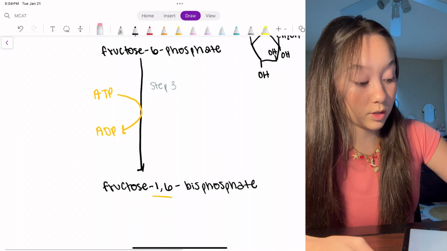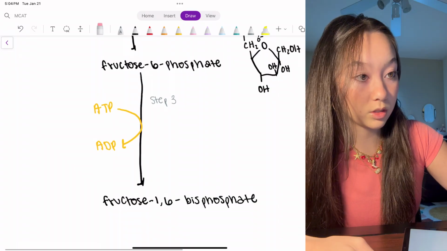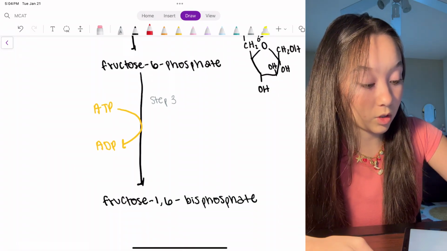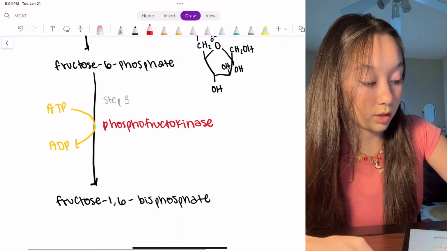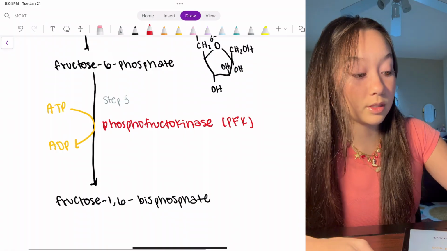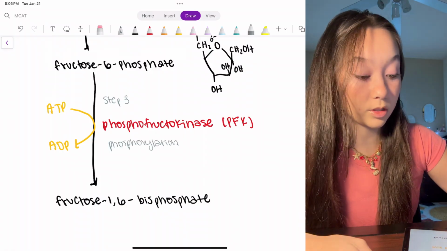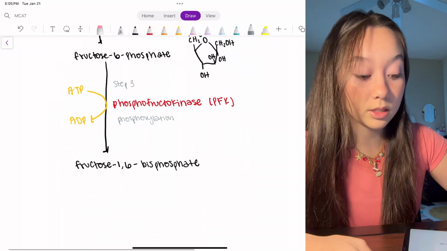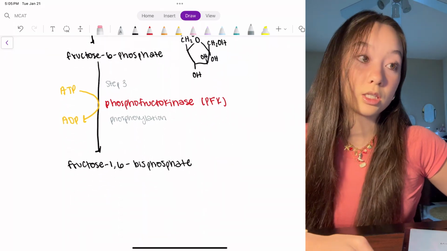So there's going to be a phosphate on both the first carbon and on the 6th carbon. And this is catalyzed by an enzyme called phosphofructokinase, or many people just abbreviate it to PFK. And so this step, again, is a phosphorylation because we are adding on that phosphate group. And this is also part of the energy investment phase because we are using ATP.